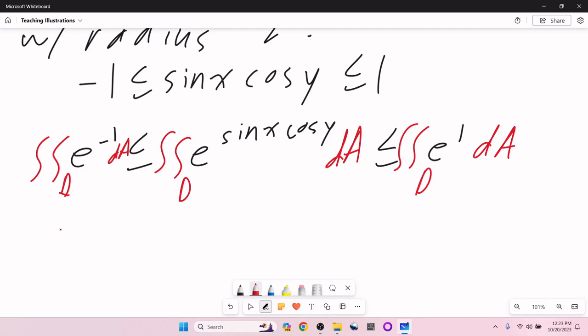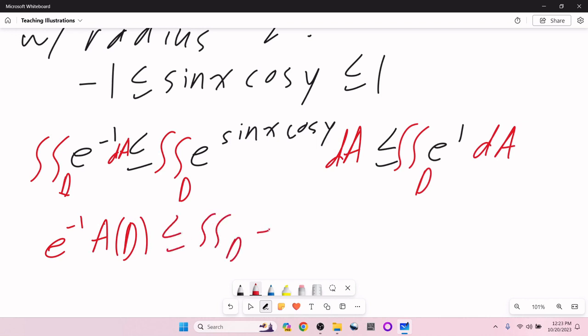And so this becomes e to the -1 times area of D is less than or equal to the double integral over D of e to the sine x cosine y dA, less than or equal to e times area of D.